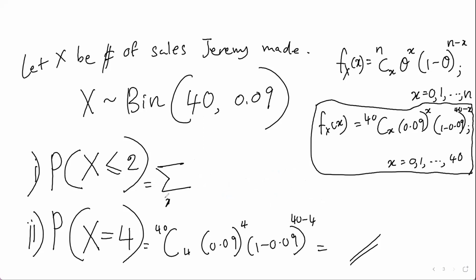Summation x goes from 0 to 2. ඕකනේ අපිට ඕනේ 0, 1, 2 කියන values නේ මේ domain එකේ හැටියට. 0, 1, 2 විතරයි ගන්න පුළුවන්. x less than or equal to 2 කිව්වම you write this: 40 choose x, 0.09 to the power x, 1 minus 0.09 to the power 40 minus x. I didn't compute this. Please compute this and get the answer. මේක මේ විදිහටම scientific calculator එකේ දෙන්න පුළුවන්.